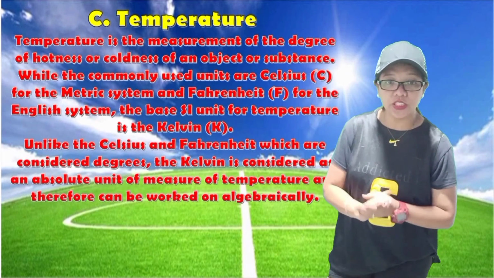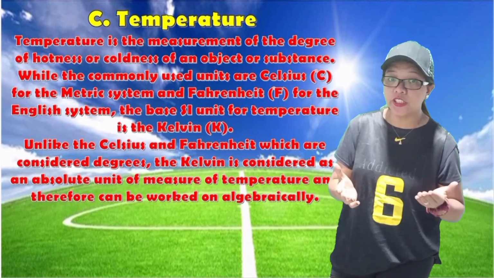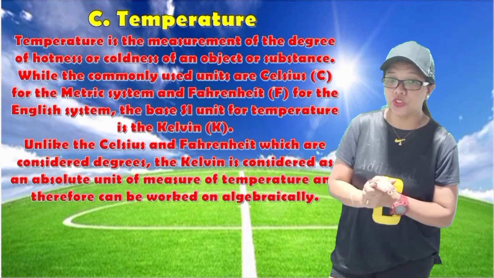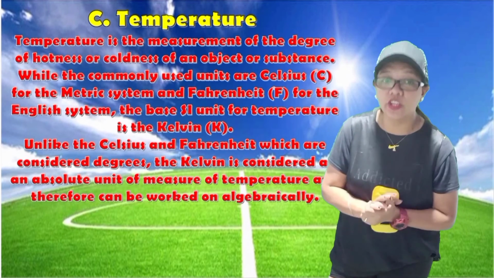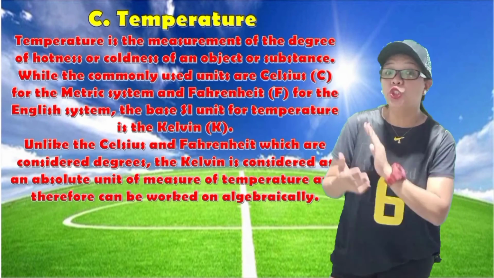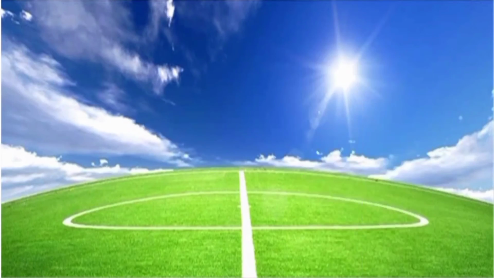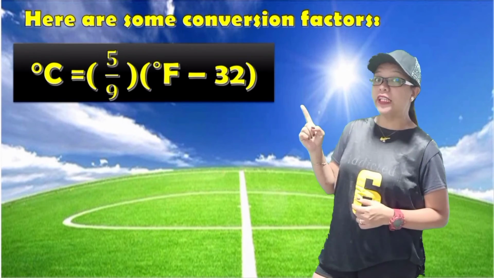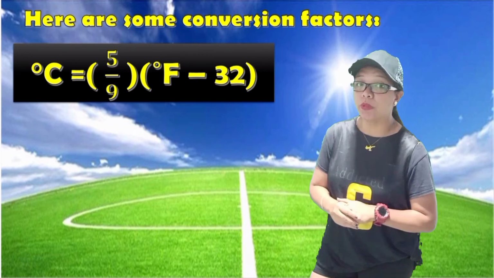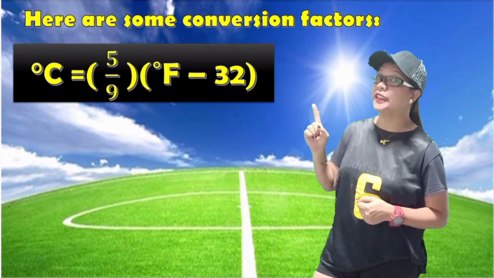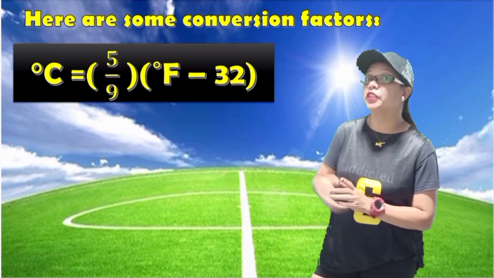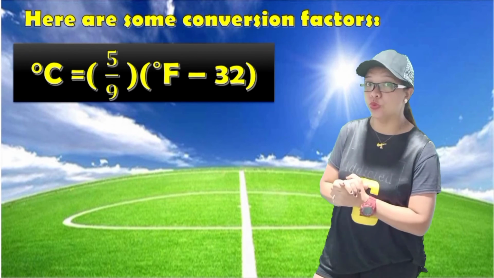Unlike degree Celsius and Fahrenheit, which are considered degrees, the Kelvin is considered an absolute unit of measure of temperature and therefore can be worked on algebraically. Here are some conversion factors. If we are looking for degree Celsius, here is the formula. Degree Celsius is equal to 5/9 multiplied by the difference of degree Fahrenheit and 32.